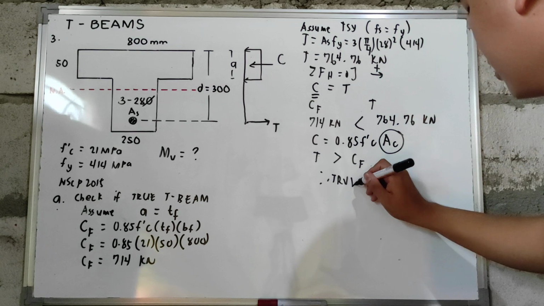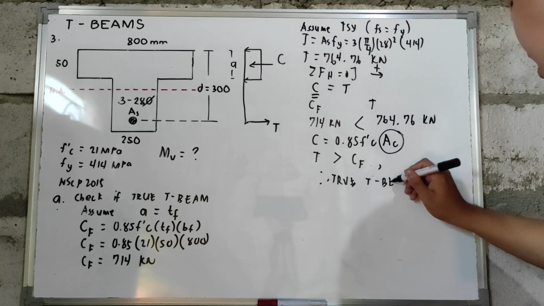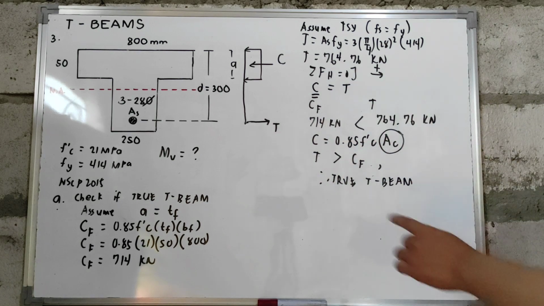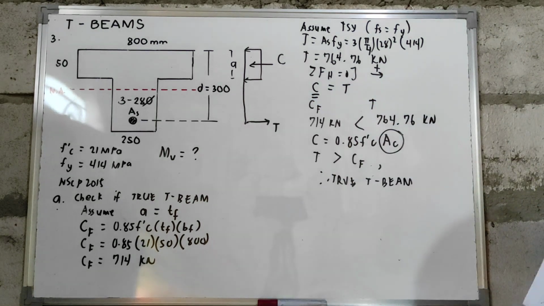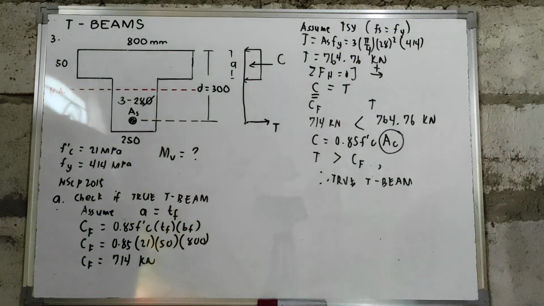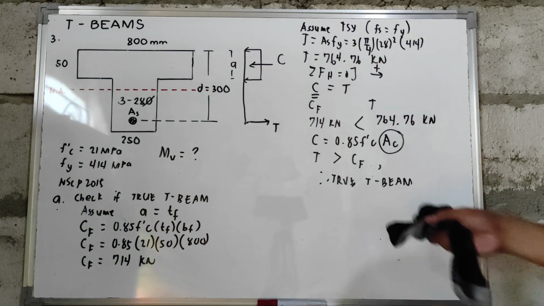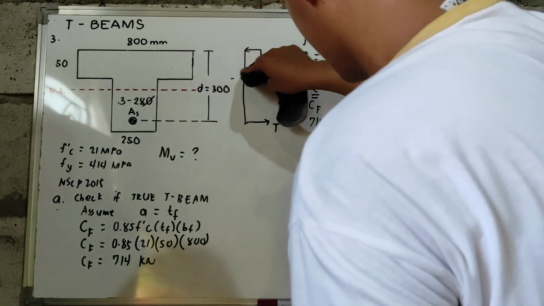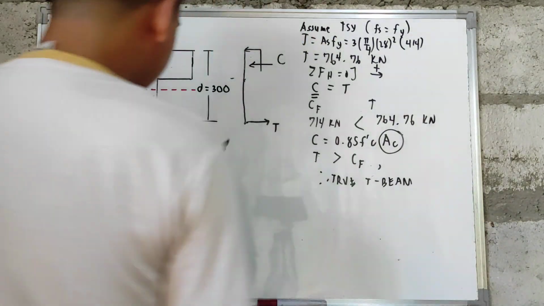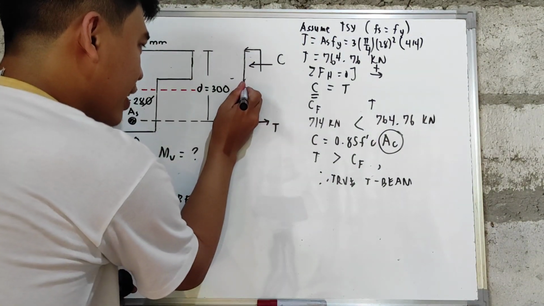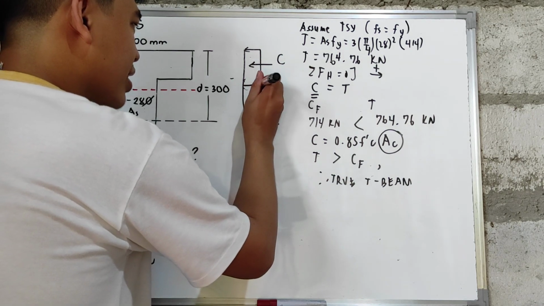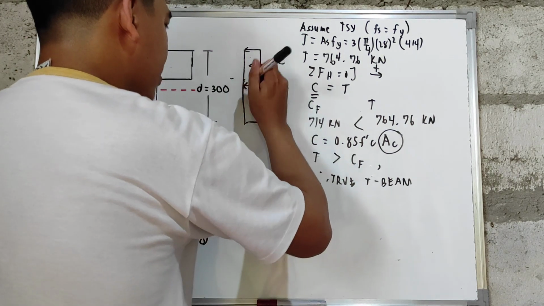So we need to increase the area so that compression and tension equate. Meaning to say, our analysis here is wrong. The location of our A, or the height of our compression block, is not here. The height of our compression block goes beyond the thickness of our flange. So, let's say it goes up to here.